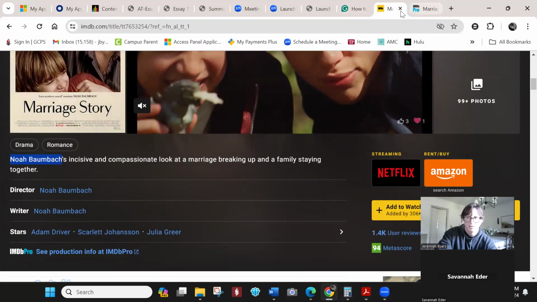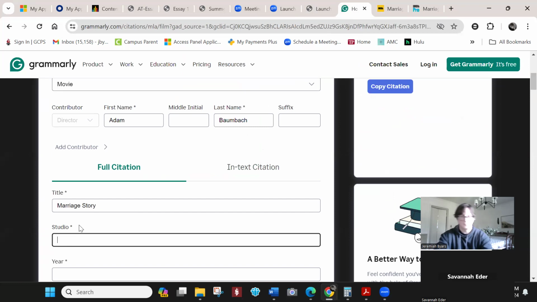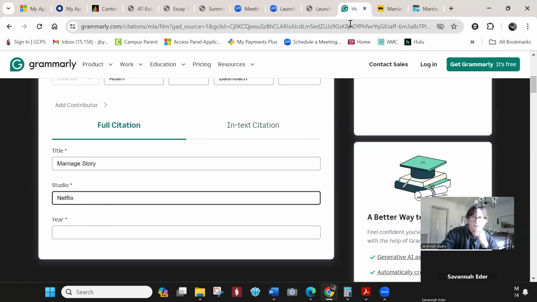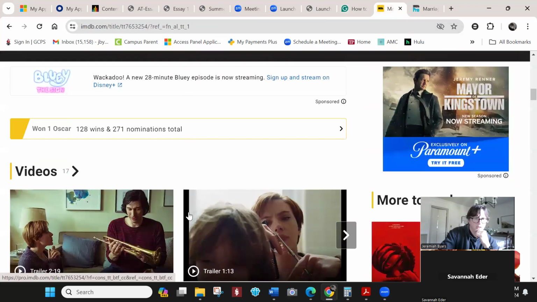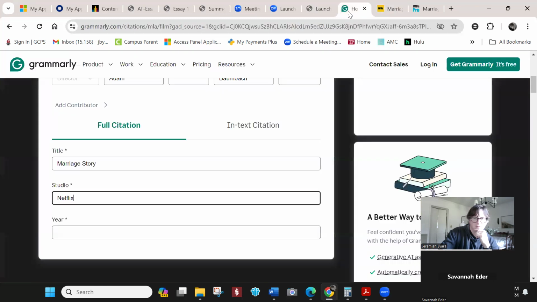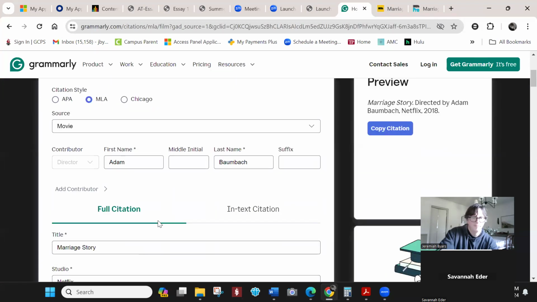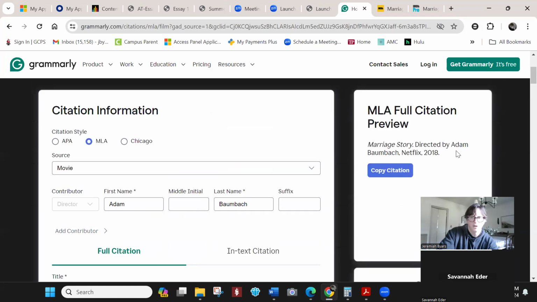Duh. Netflix. Year 2019. All right, so there it is. Copy citation. And you can put that in your outline if you want to.